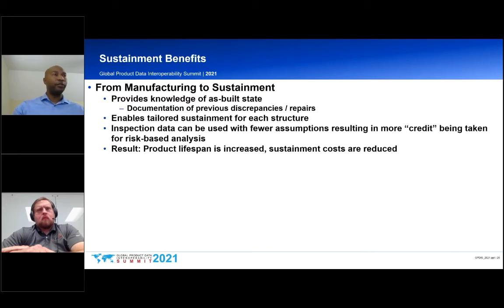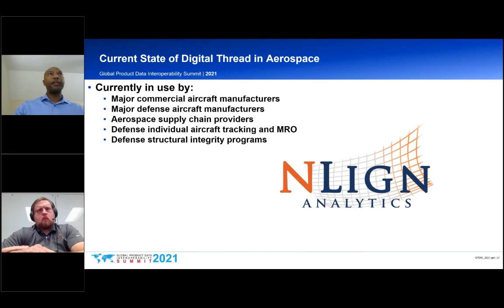So there are also benefits to sustainment. With sustainment, it's going to provide knowledge of that as-built state. Within sustainment, they're able to reduce the assumed risk, having that additional information, which is going to increase the lifespan of the product and reduce the sustainment costs. So, the current state of the digital thread within aerospace: digital thread solutions for MRB and for aerospace in general are currently in use by many different market segments.